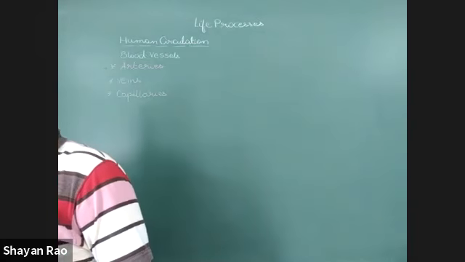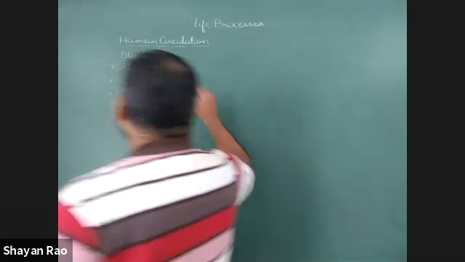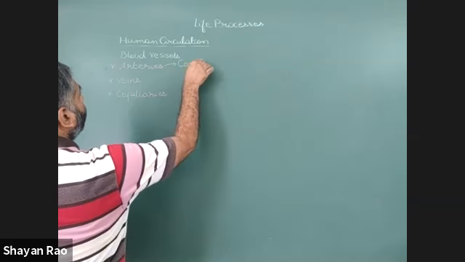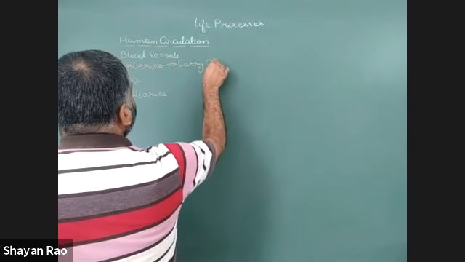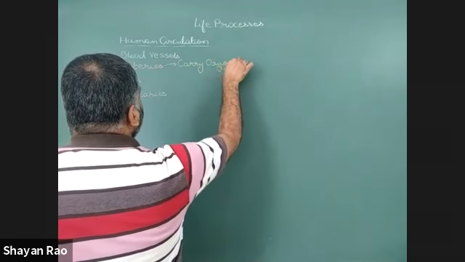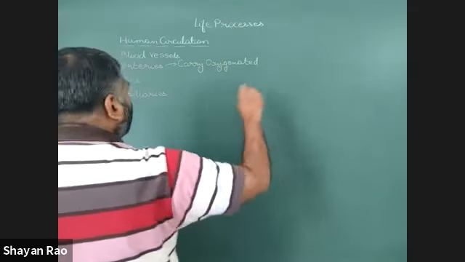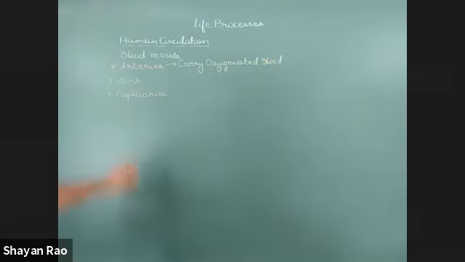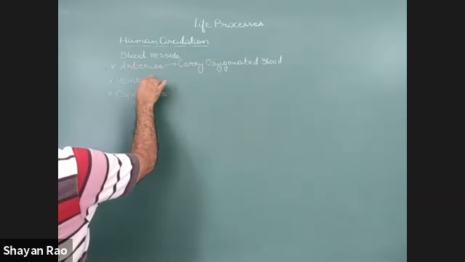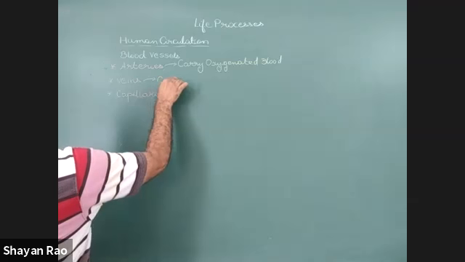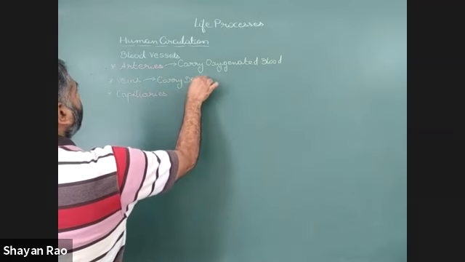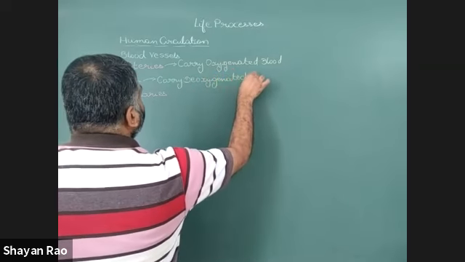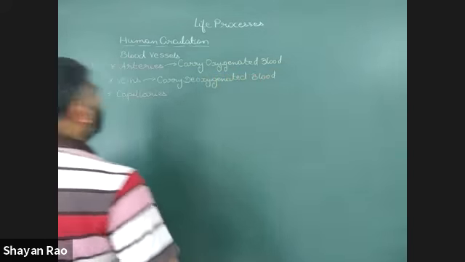So what's the speciality about these? Arteries always carry oxygenated blood. That is the speciality of the artery. Veins always carry deoxygenated blood.